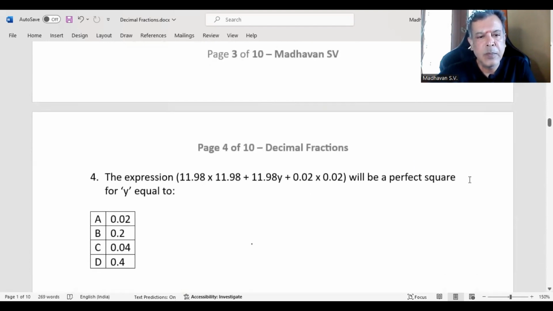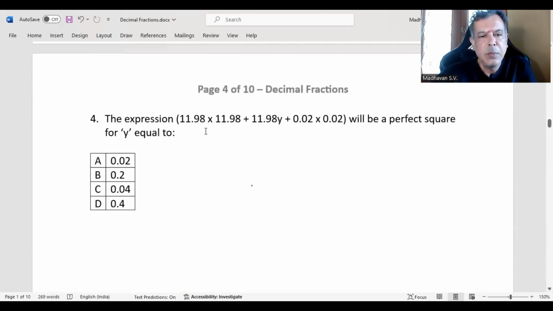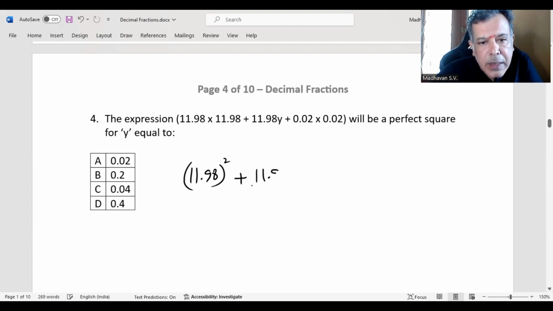Fourth question. The expression 11.98 into 11.98 plus 11.98 times y plus 0.02 into 0.02 will be a perfect square for y equal to. First I will write the expression as 11.98 square plus 11.98 times y plus 0.02 square.